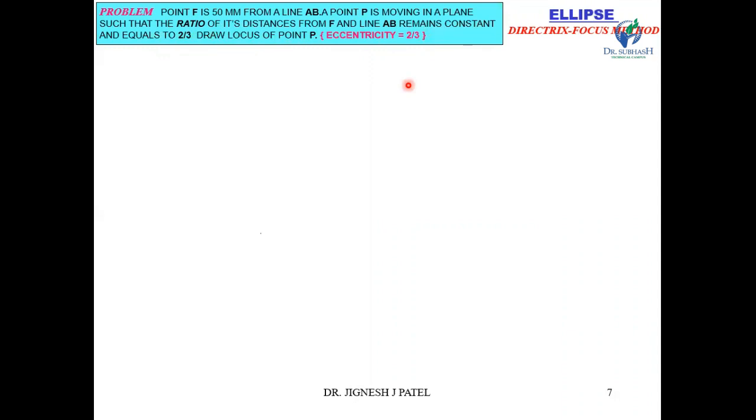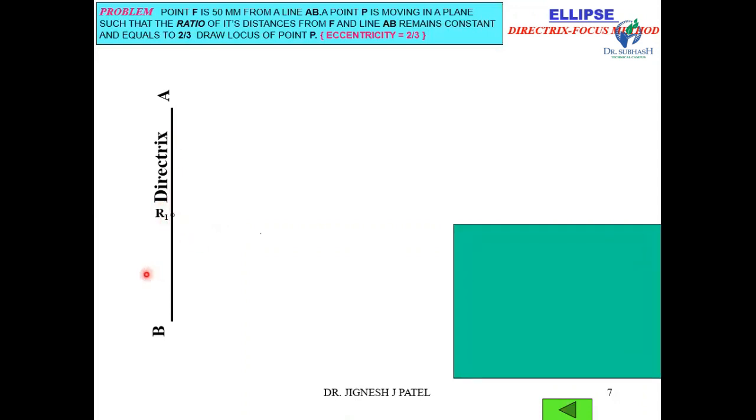Now, how to draw an ellipse by this directrix focus method? Let us see. First of all, draw this directrix AB and mark one point R1 on this directrix. Draw the axis.